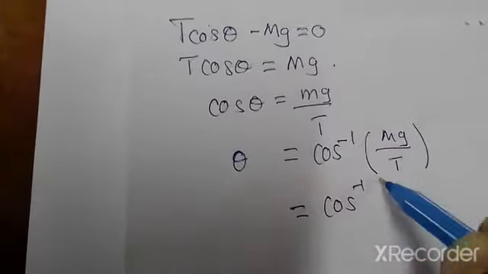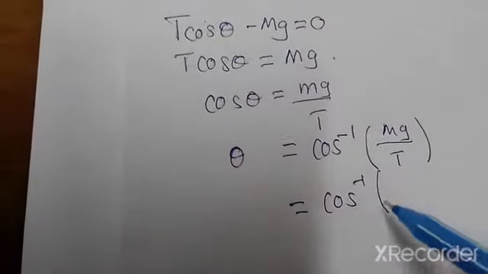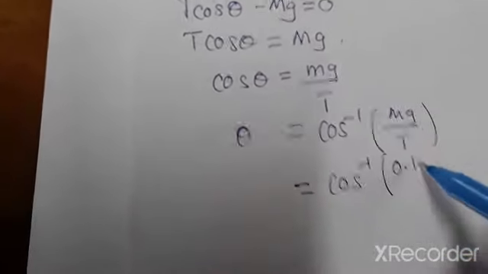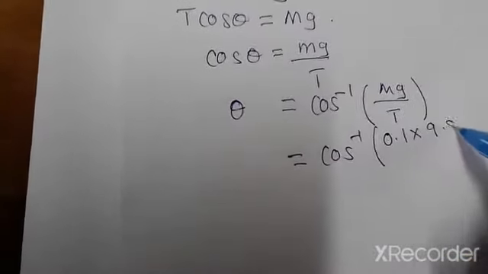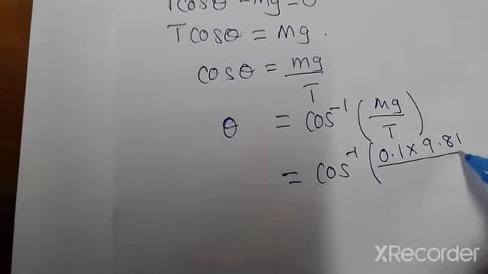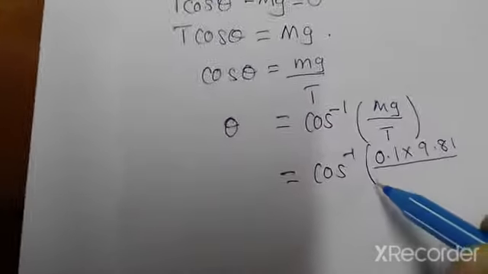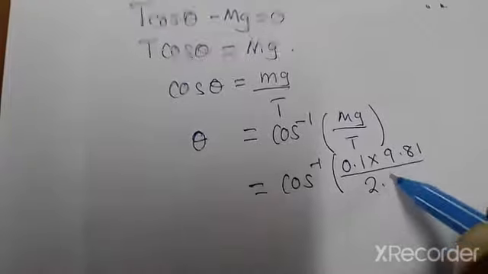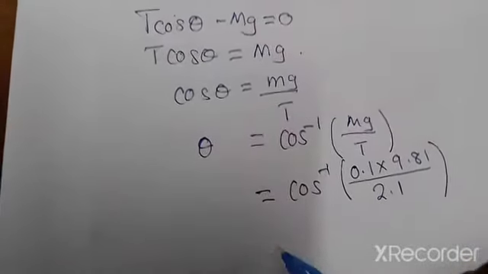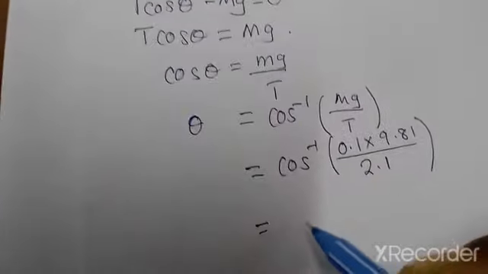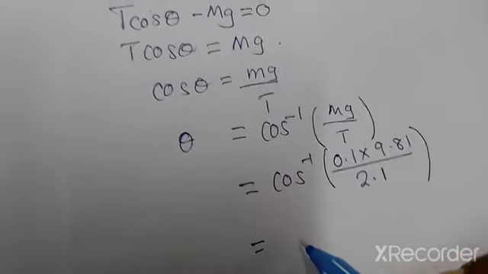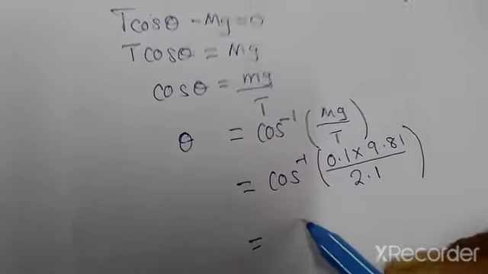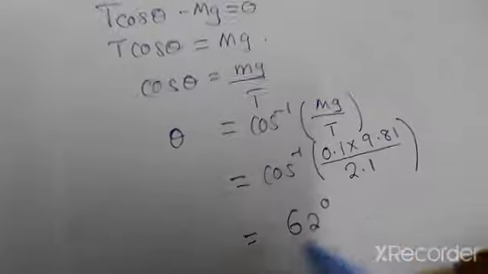That will give us cos inverse of 0.1 multiplied by 9.81, everything divided by the tension that we've just calculated, so 2.1. And then we're going to find that theta is equal to 62 degrees.